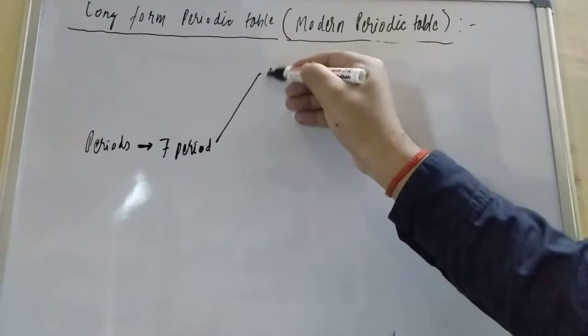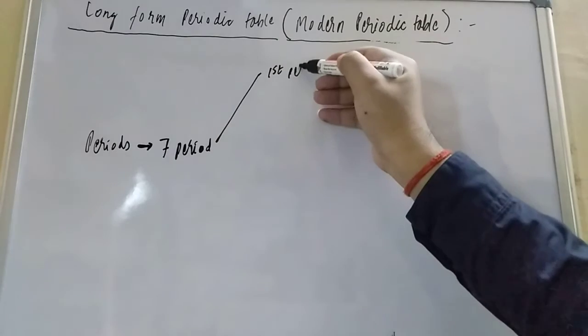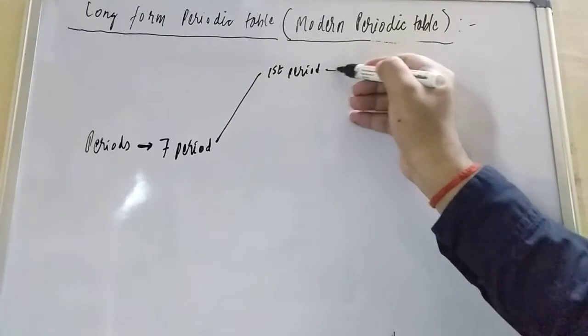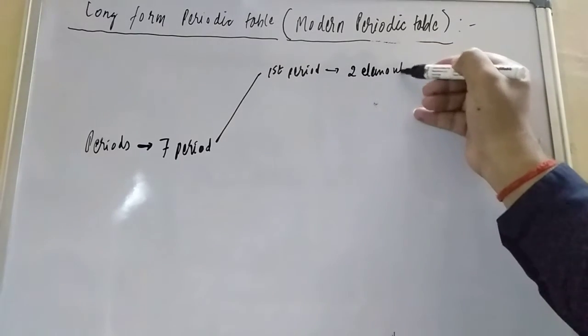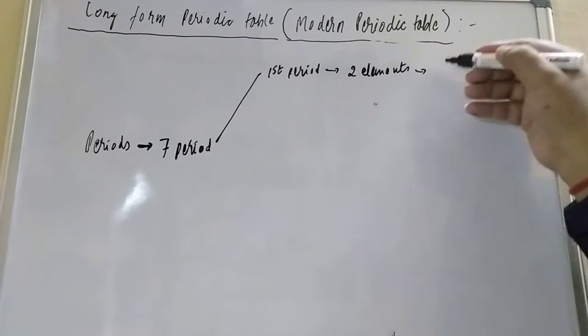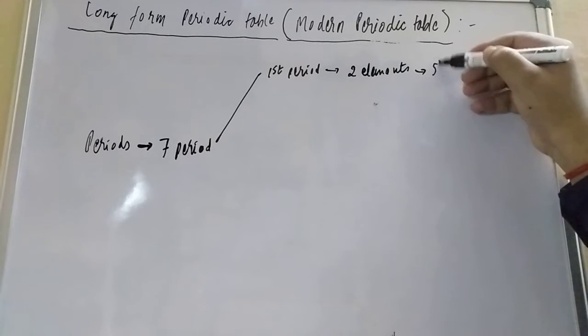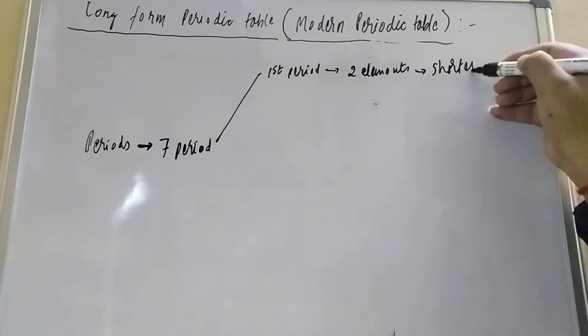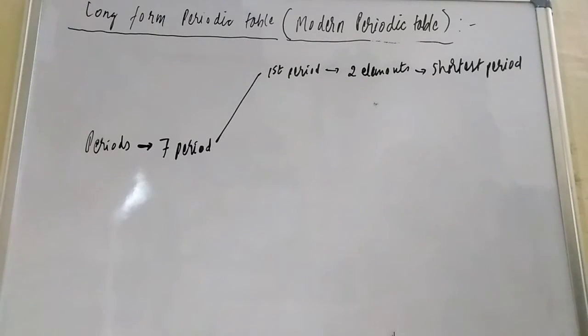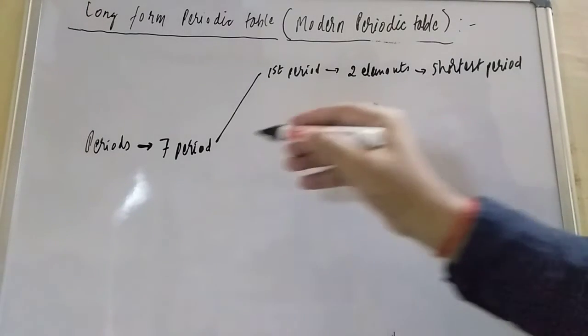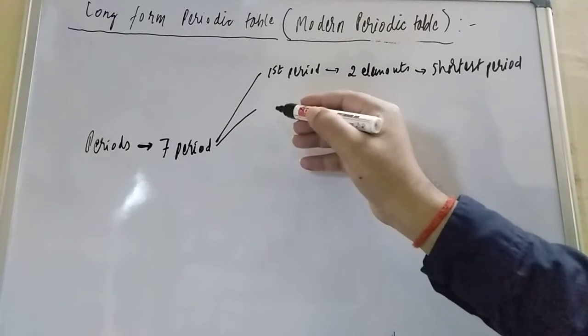If you talk about the first period, student, there are only 2 elements. Only 2 elements, that is also known as the shortest period. This is the shortest period. Now let us go to the next.